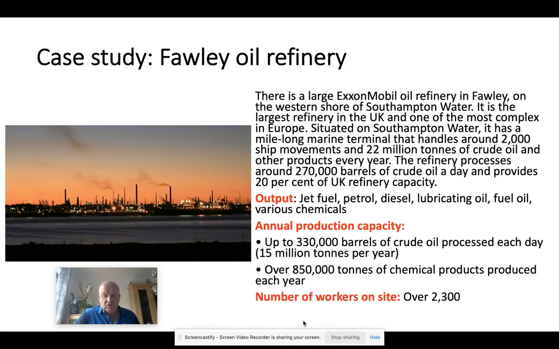So clearly, one could argue that they provide some positive production externalities in terms of providing work for the local area, and clearly they are producing significant amounts of oil that can be used for further products.